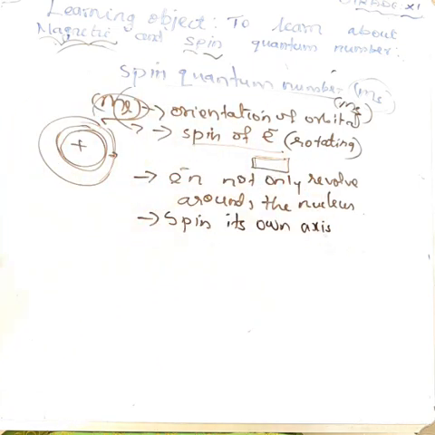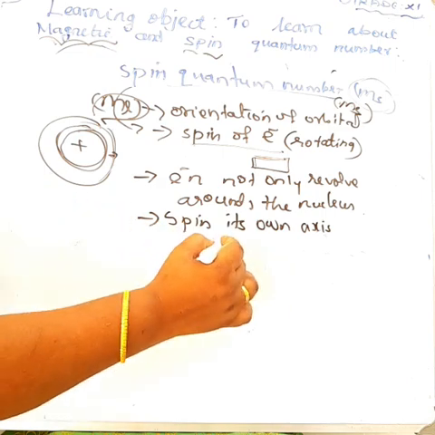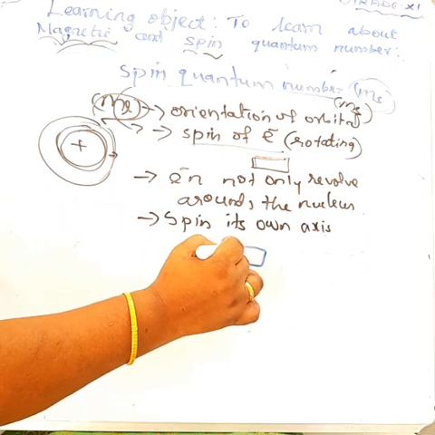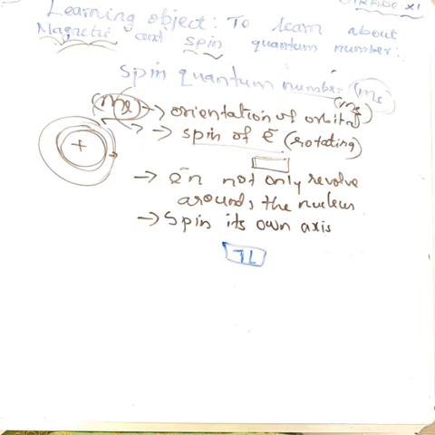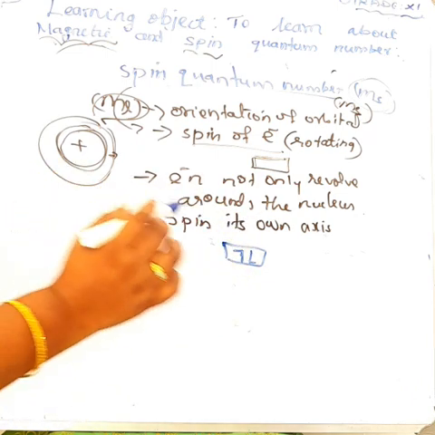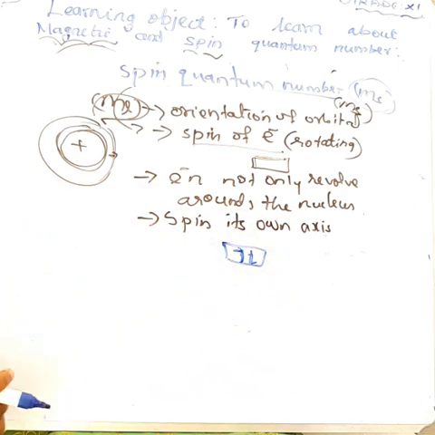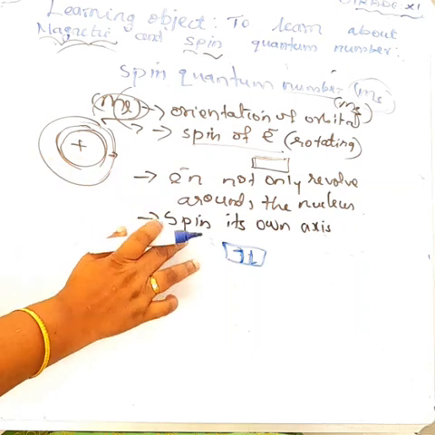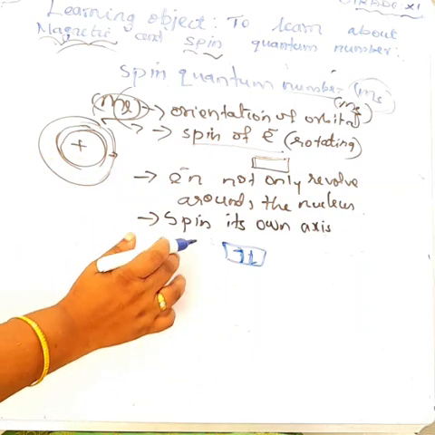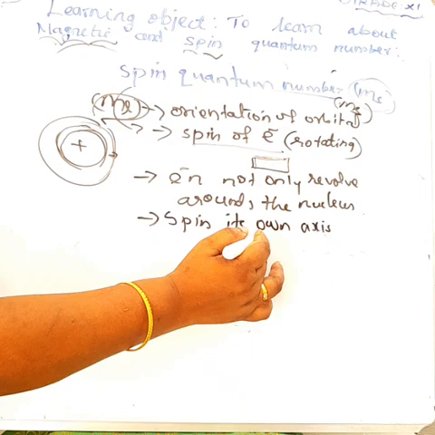You know, every orbital has two electrons. These two electrons spin about their own axis. They revolve around the nucleus, but they also spin on their own axis.